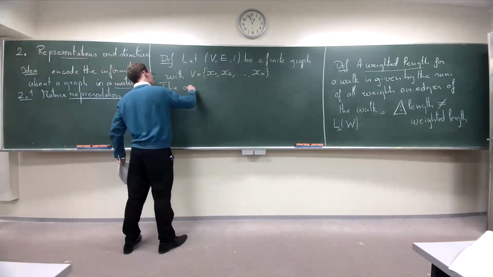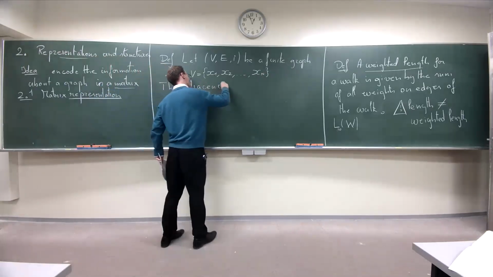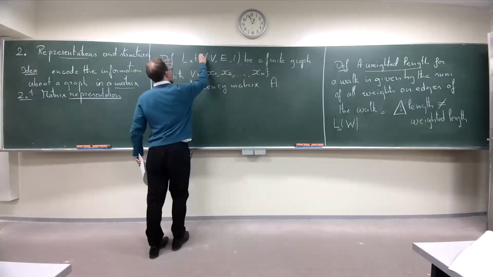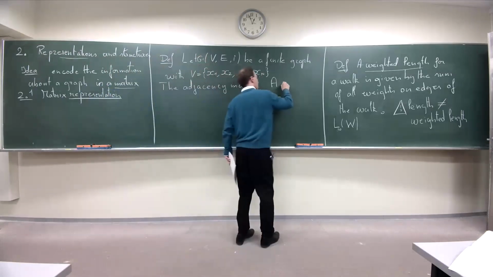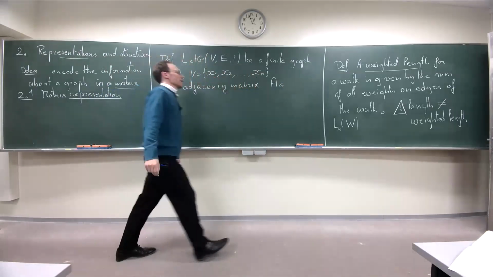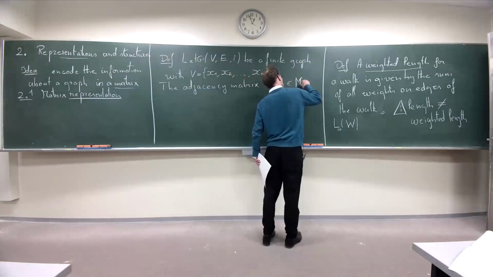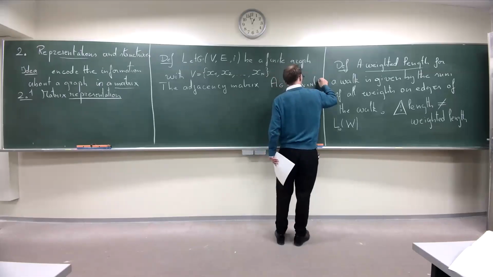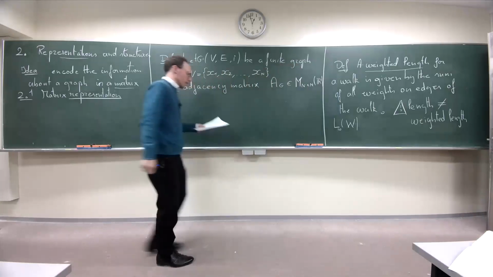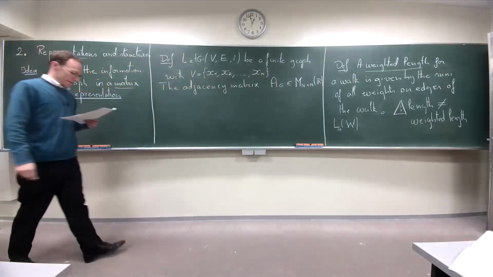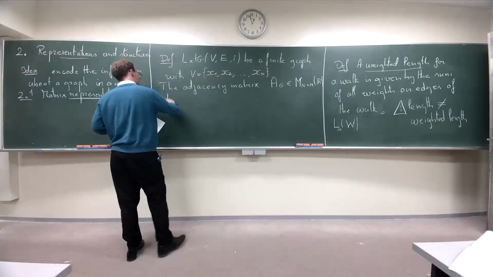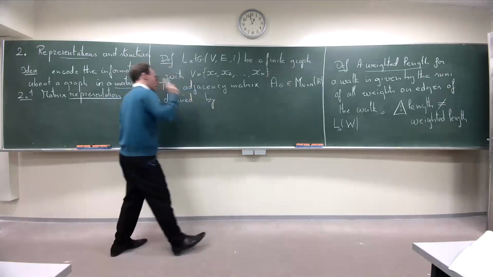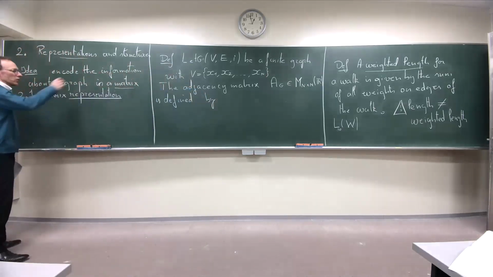The adjacency matrix of this graph, which is denoted capital G, is denoted A_G. It's an n by n matrix, where n is the number of vertices, with values in R or even something smaller. It is defined by, remember, I want to encode the entire information contained in a graph.